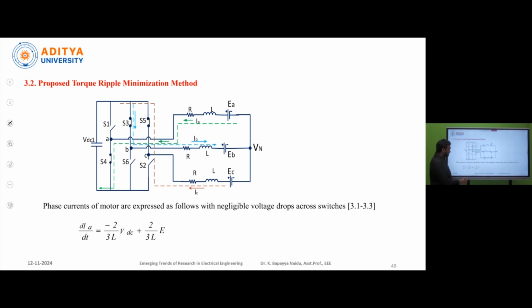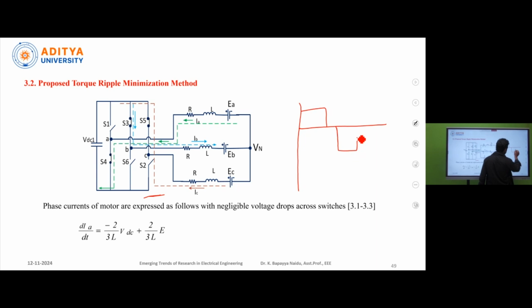we have already discussed this equivalent circuit. For example, this is the pure ideal stator current. Let us say it is phase A current IA.